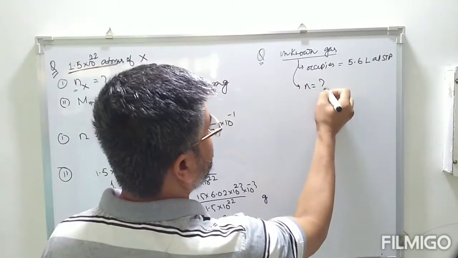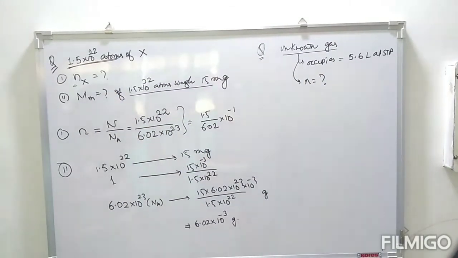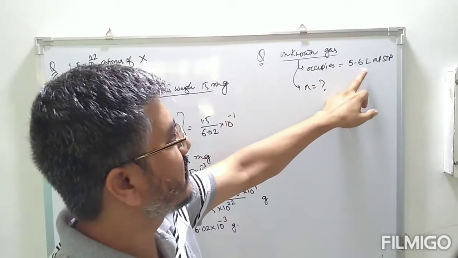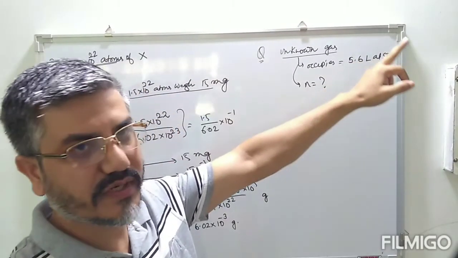Calculate the number of moles of gas present in this 5.6 liters occupied by the unknown gas at STP.